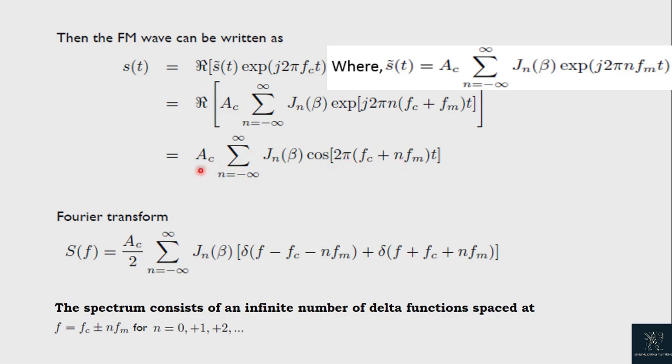So the Fourier transform of s(t), S(f), is equal to A_c upon 2 summation from n equal minus infinity to infinity J_n(beta) into [delta(f minus f_c minus n f_m) plus delta(f plus f_c plus n f_m)], which shows that the spectrum consists of an infinite number of delta functions spaced at f is equal to f_c plus minus n f_m for n equal to 0, plus minus 1, plus minus 2 and so on.